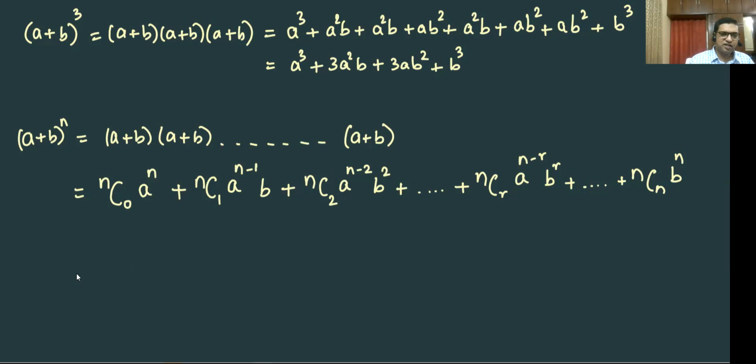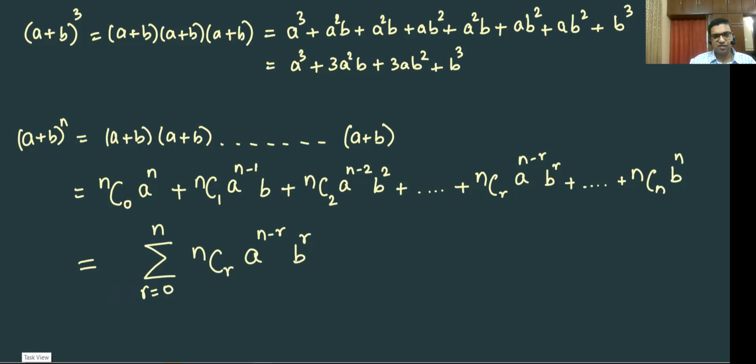In general, the expression can be written as sigma nCr a power n minus r b power r, r ranging from 0 to n. This sign sigma represents summation.